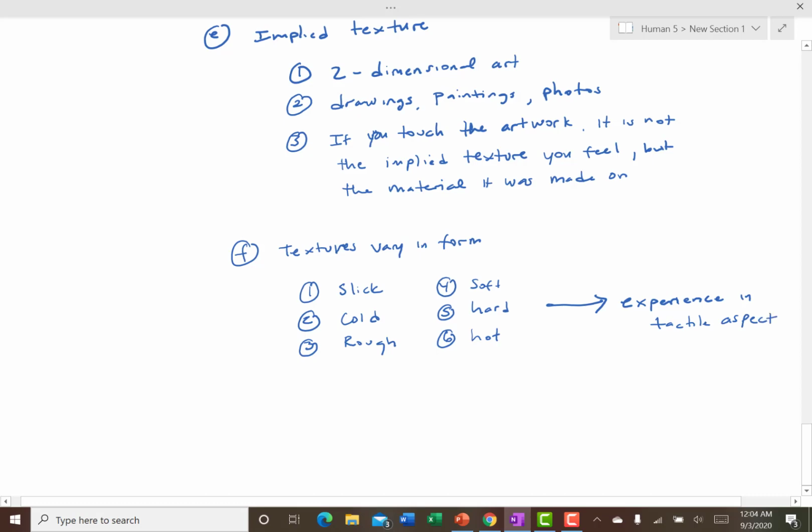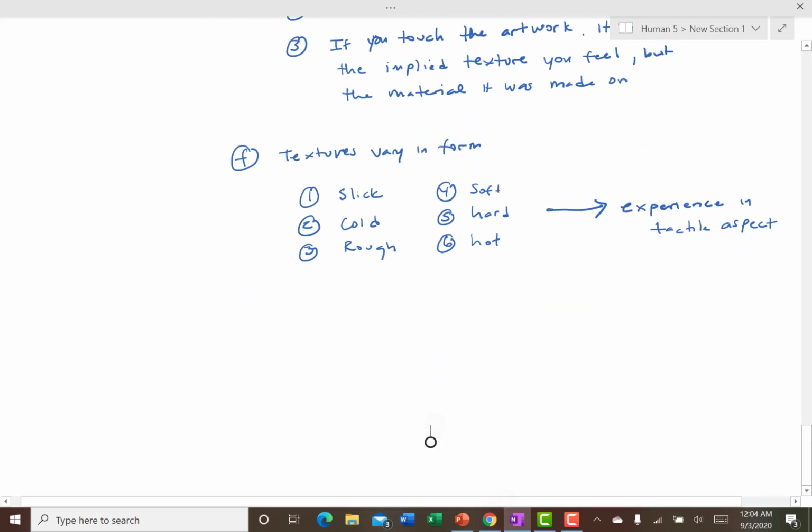And so when we see art, especially if it's implied, or what we'll see with the other being subversive, we have an expectation of how it's going to feel. And even if you can't touch the artwork, the thing that is important with touch is that we rely on those impressions that we receive from our hands and the experiences that we had.